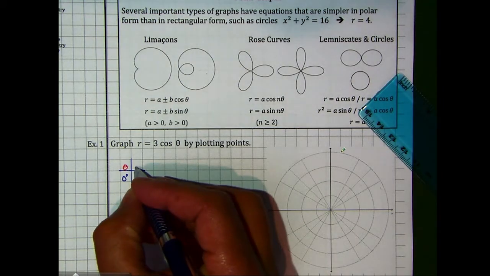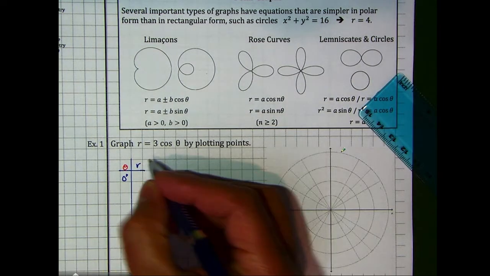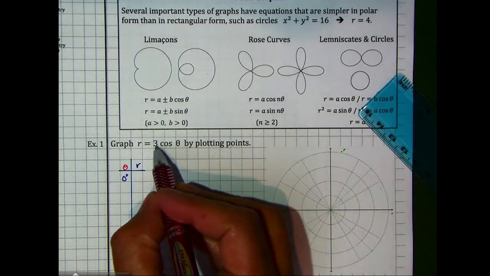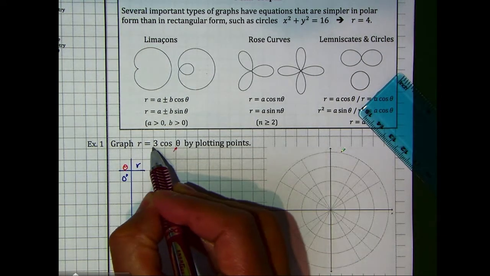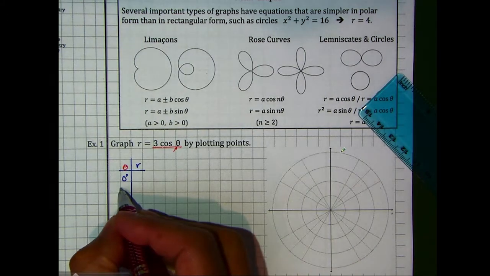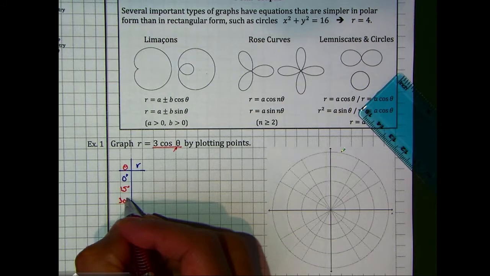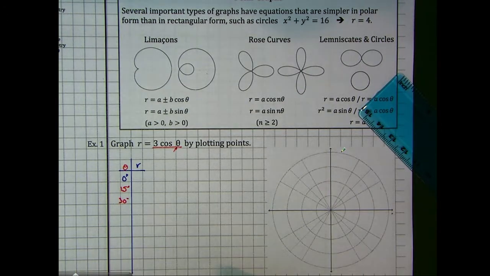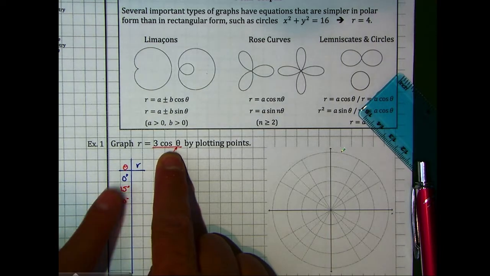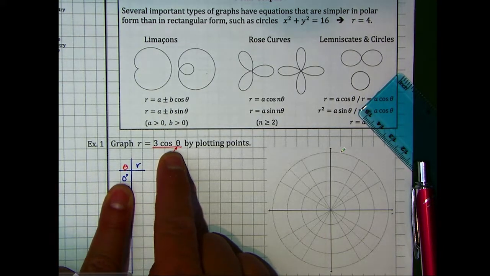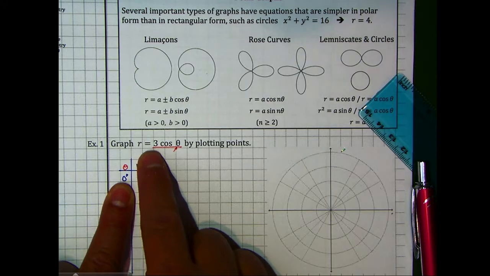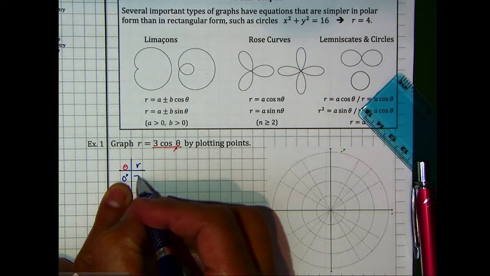That will give me R. And I'm going to apply that into theta. Then I'm going to go into 15 degrees. Then I'm going to continue with 30 degrees. And then so on. And cosine of 0 is 1 times 3 gives me 3.